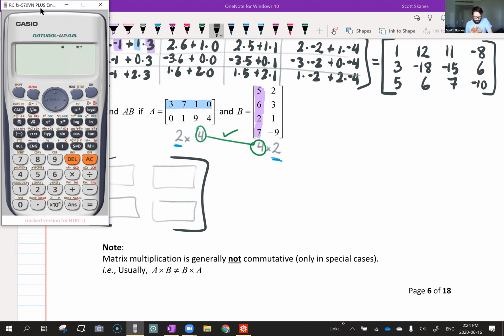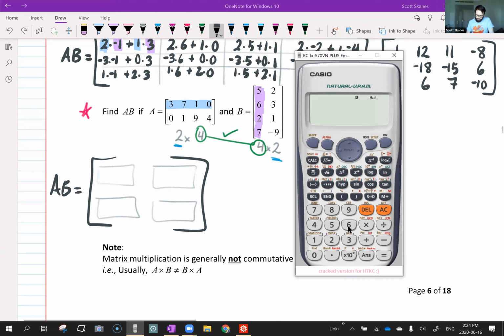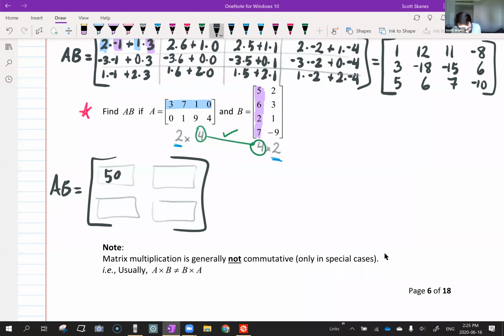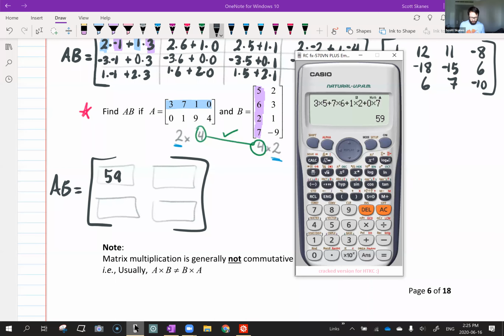And this is how I do this. For the first row, first column, I go 3 times 5, so the first element's multiplied, plus the second element's multiplied, 7 times 6, plus 1 times 2, plus 0 times 7. Hopefully you should notice it's the first elements, second, third, and fourth all multiplied together. So 59 is my answer. That's what goes in here, okay? And this is why: my 4 elements all multiplied together.